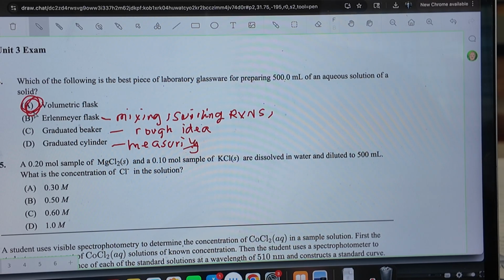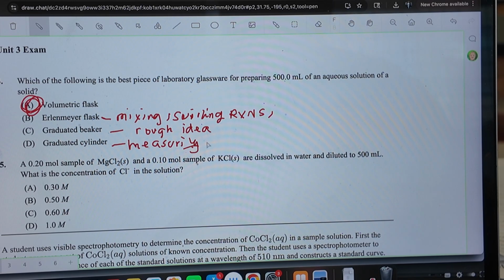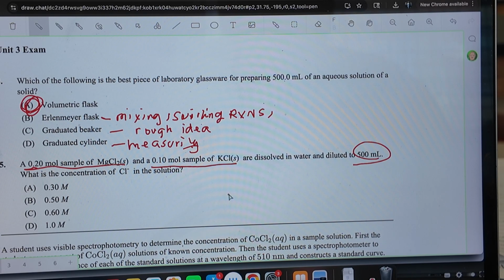A 0.2 mole sample of solid MgCl2 and 0.10 mole of KCl are dissolved in water and diluted to 500 milliliters. What is the concentration of chloride in this solution? The most important information here is you have 0.2 moles of MgCl2 and 0.10 moles of KCl, and your final volume, after everything is put together, is 500 milliliters.